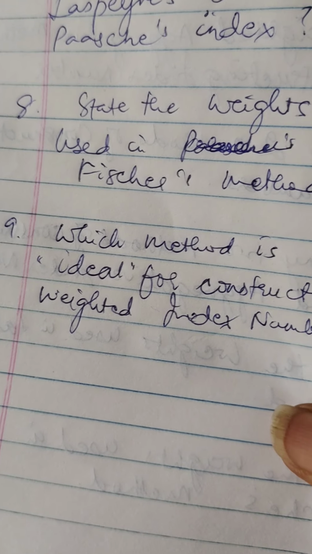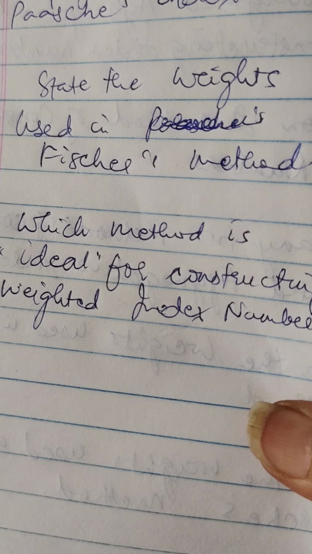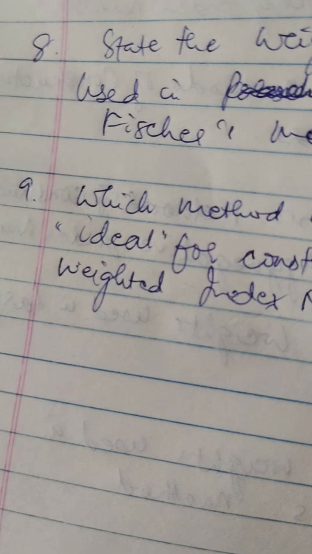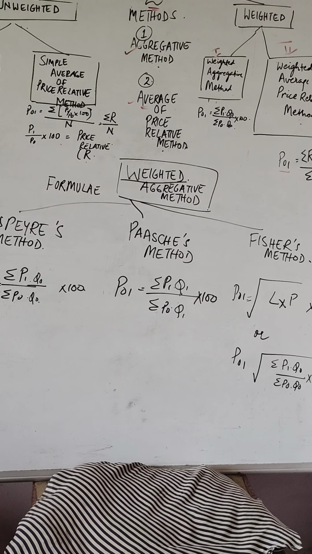Now another question sometimes one gets is, according to you, which method is ideal for constructing weighted index number? So which is an ideal method? Generally we write it is Fisher's method. Alright, so Fisher's method, as we see, simply because he used both base year as well as current year quantities, that is Q0 and Q1 as weights, and that is the reason.